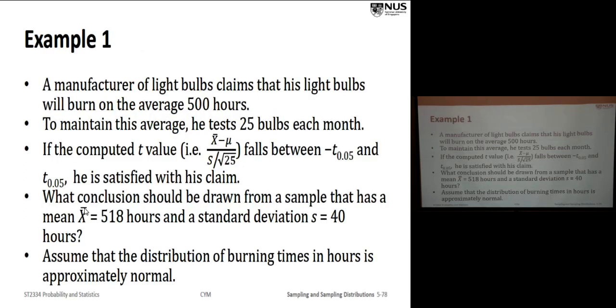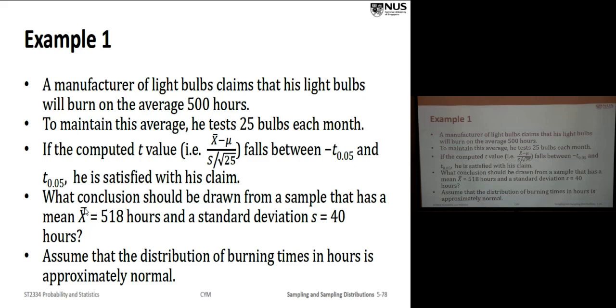So now we need to find minus t and t on 24 degrees of freedom, where the probability is 0.05. What this statement means is that you have a t distribution on 24 degrees of freedom, and each tail area is alpha, where alpha is 0.05, so it's like a 90% confidence interval.